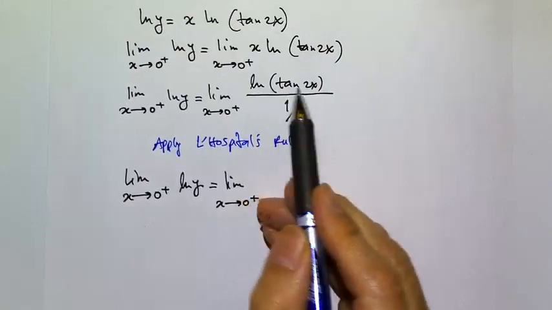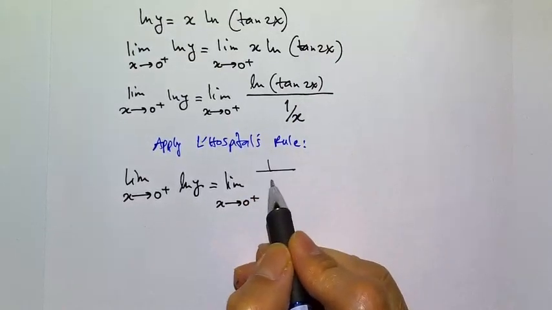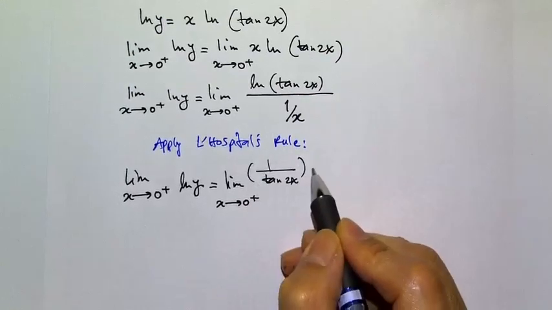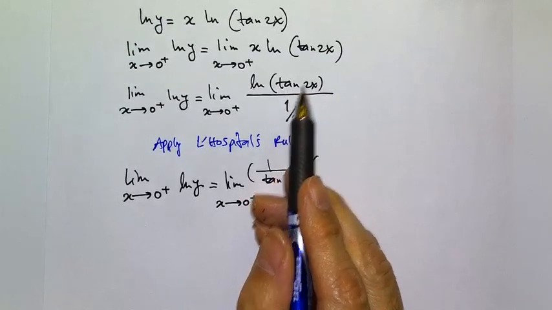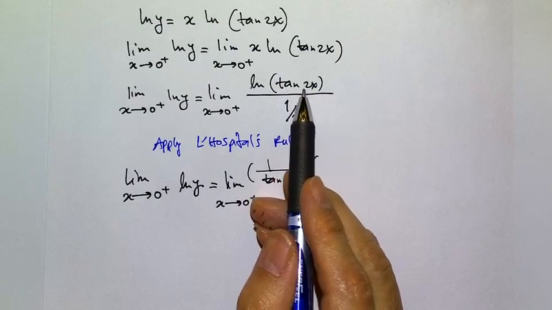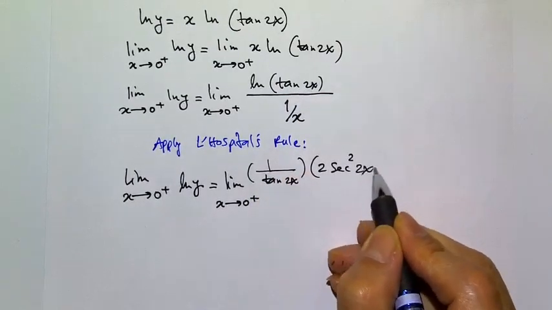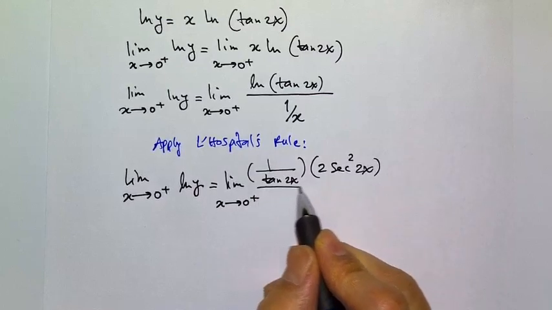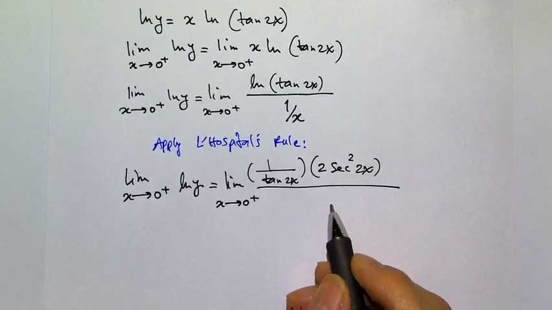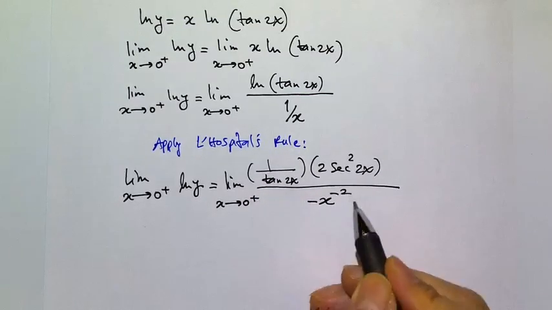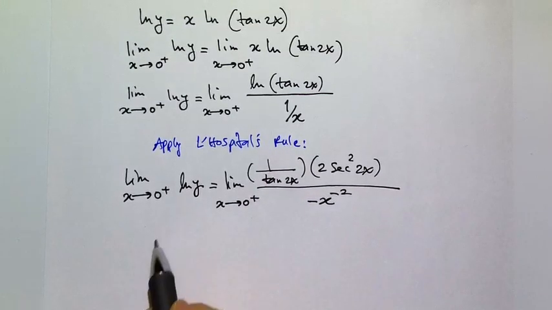So take the derivative of the numerator, which would be 1 over tangent of 2x times secant squared 2x times 2, right, by the chain rule. Minus, and the denominator, the derivative of that would be this.